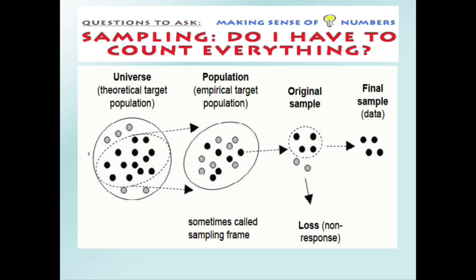In a longitudinal study or in some types of study designs, you may have multiple samples from that target population, preferably drawing at random those individuals. And from that, you're going to have some dropout, non-response rates, or mortality rates, people dropping out of the study, which results in your final sample of data that you have collected that you can analyze and report findings on.